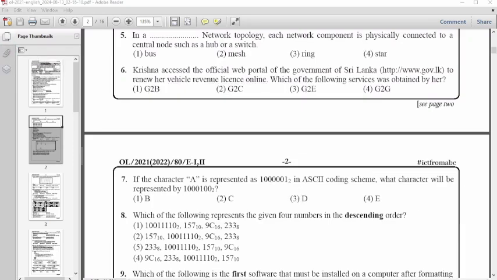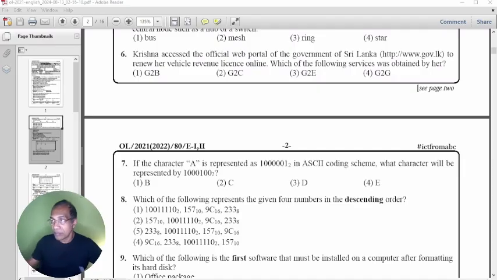Let's move on to the next question. Now, you'll notice that these numbers are basically repeating all over the place. Which of the following represents the given four numbers in descending order? We need to convert as few numbers as possible to decimal.